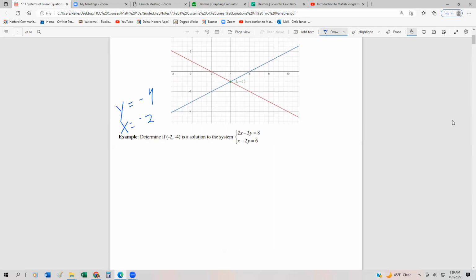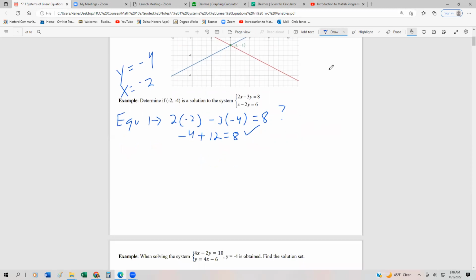In equation 1, if I substitute, I get 2 times -2 minus 3 times -4 equals positive 8. If we compute, this gives us -4 plus 12 equals 8, which is a viable statement.